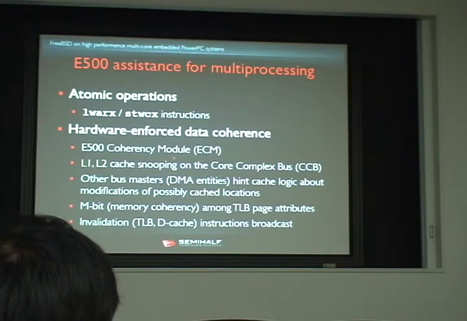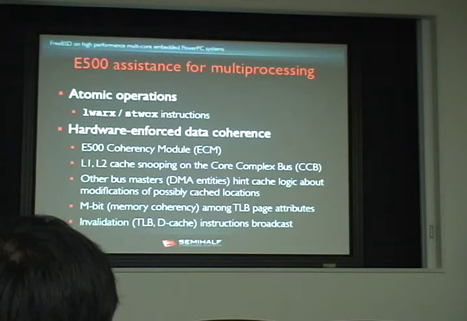So we've got a specialized module in the system that manages the coherency, so that L1 and L2 caches can snoop on the transactions, and if a DMA master is modifying a location potentially stored in the cache, the cache logic will discover this and behave accordingly, so it will invalidate or update its cached data.